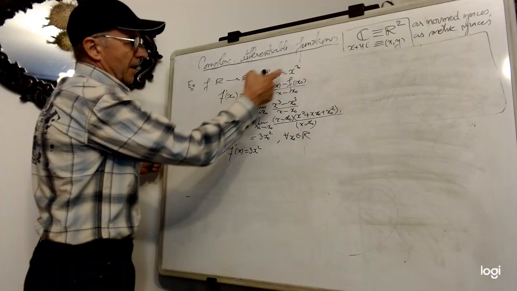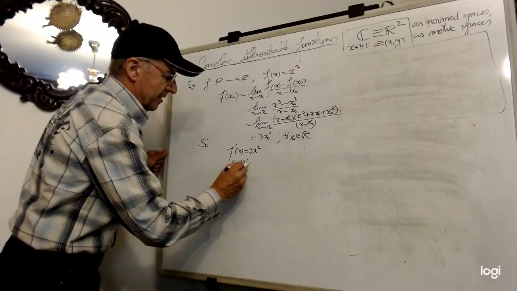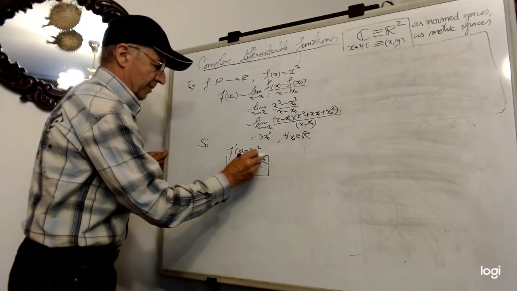If instead of f we put directly x cubed, the derivative of this is 3 times x squared, a formula you know from school.